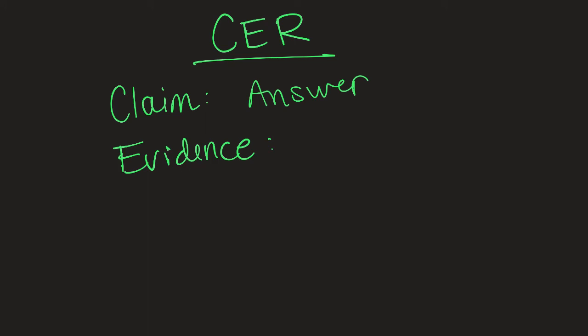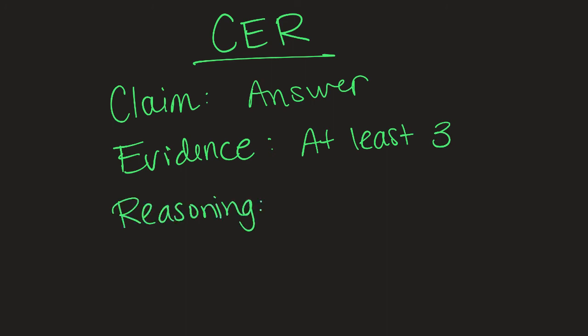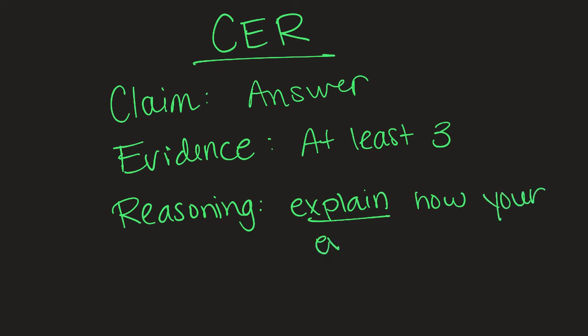So you're going to have at least 3 pieces of evidence. Then you're going to give your reasoning, and you're going to explain how your evidence connects to your claim. So this is what you're going to be working on today and on Friday. And that will be your big assignment for this unit.